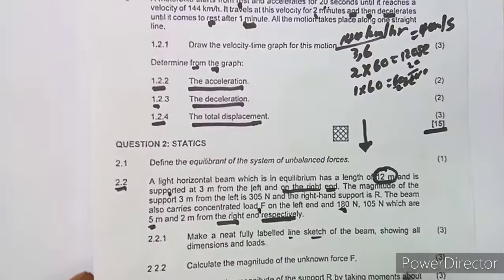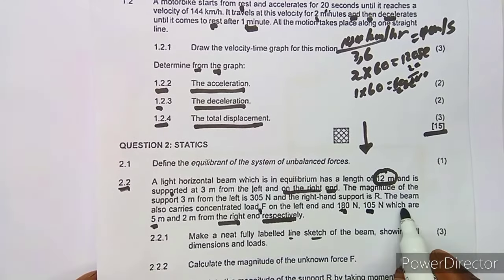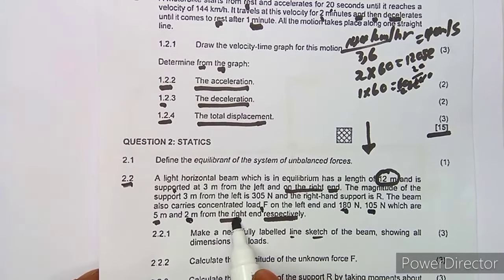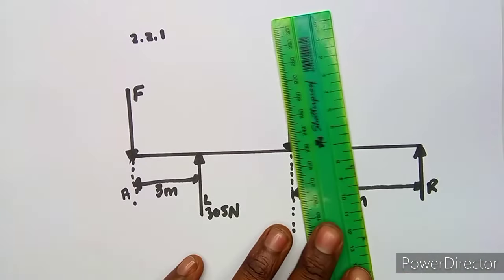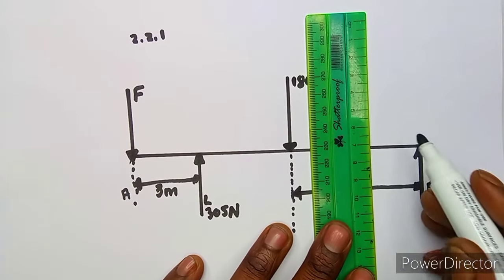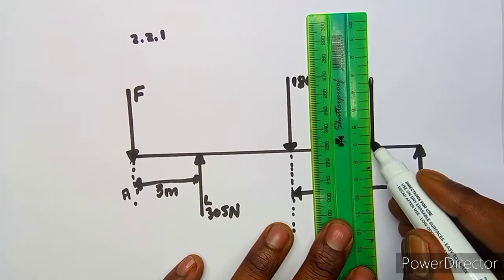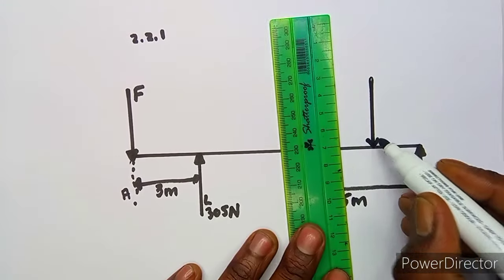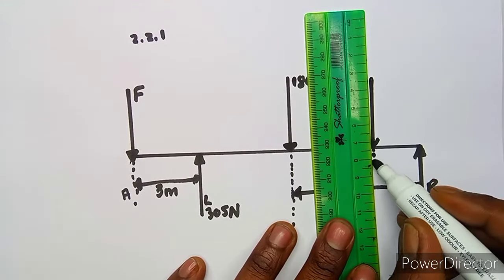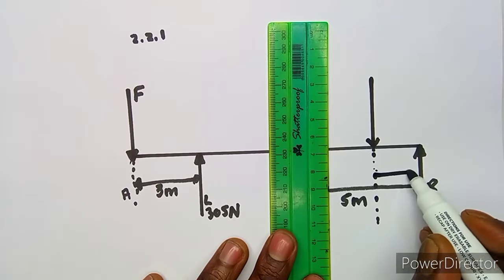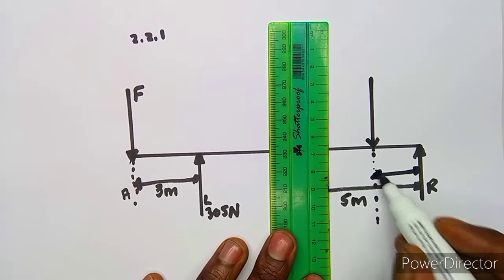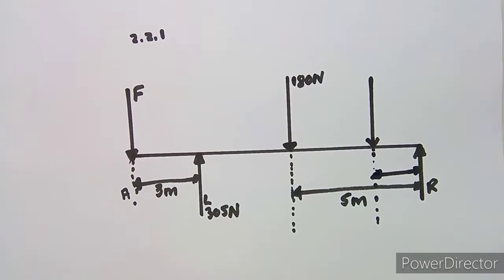We now have 105, which is 2 meters from the right, going to the left. There is a point load, a concentrated load, 2 meters from the right, so here there is a difference of 2 meters.